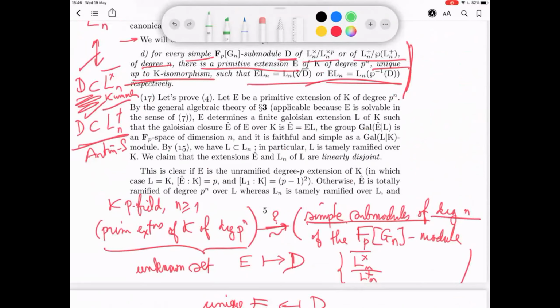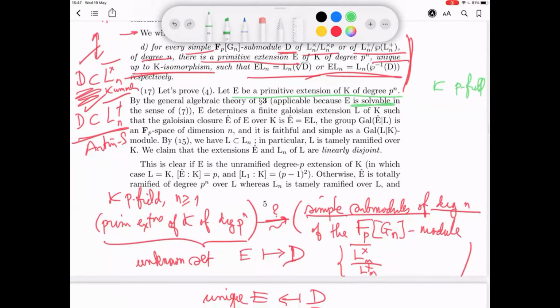So you start with the primitive extension of degree p to the n. And now this is more or less something we have been doing several times. Another thing which we are using here is that it's automatically solvable, because this K is a p-adic field and every finite separable extension is solvable.